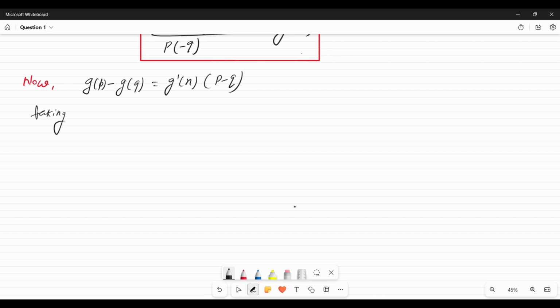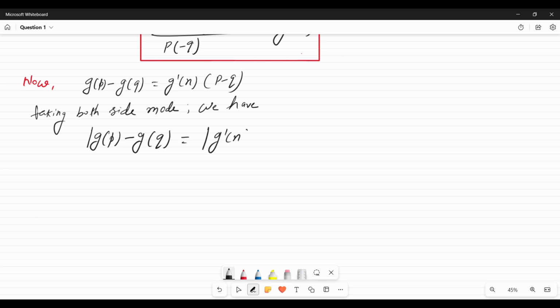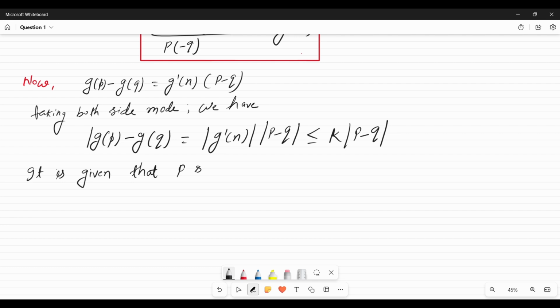Taking mod on both sides, we have mod of (g(p) minus g(q)) equal to mod of g'(n) into mod of (p minus q), which is less than or equal to k into mod of (p minus q), and it is given that p and q are fixed points.